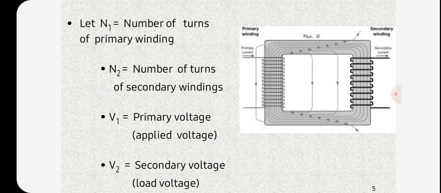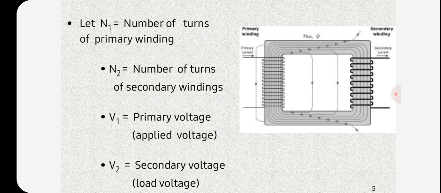In primary and secondary there are a lot of parameters. V1 is the primary AC supply voltage in volts. I1 is the primary current in amperes. E1 is the induced EMF or self-induced EMF in primary in volts. N1 is the number of turns in the primary winding. So these terms are only for the primary winding.